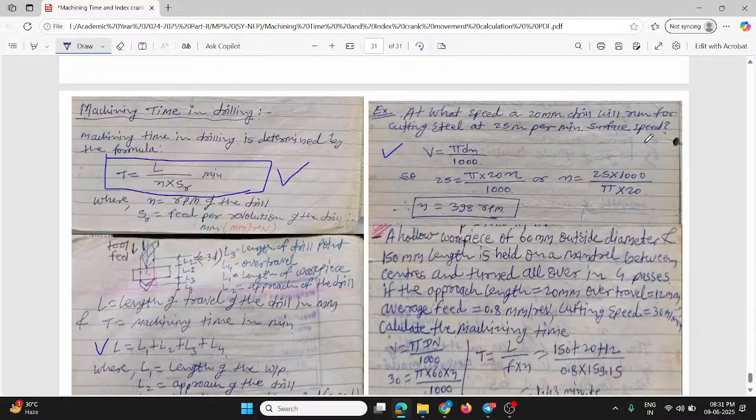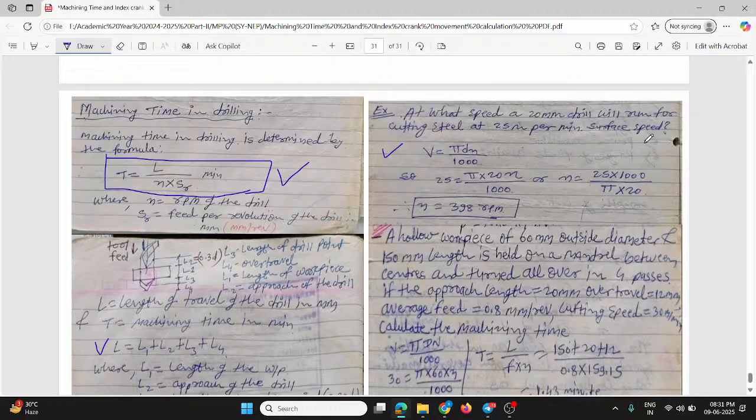In the cutting speed formula, D in the case of the lathe machine is the diameter of the workpiece, but in the case of the drilling machine, it is the diameter of the drill bit. And what will be the depth of cut? For the lathe machine, depth of cut is the distance between the finished and unfinished surfaces, that is D1 minus D2 divided by 2.